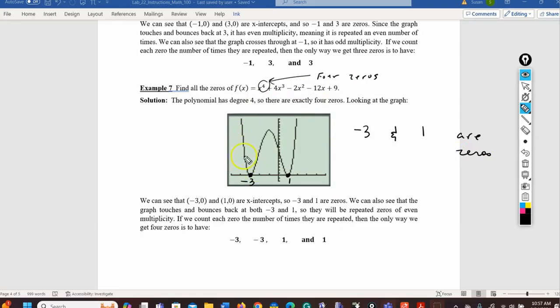Now what happens here? This touches and bounces back at -3, so it has even multiplicity. What happens at 1? It touches and bounces back, so it has even multiplicity. So for this to fit with 4 zeros, my guess would be that both of these have multiplicity 2, or repeated twice. So if I write down my zeros, the number of times that they're repeated, then I will have 4 zeros.